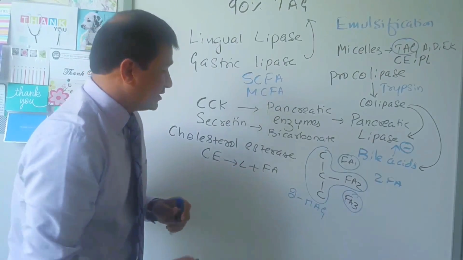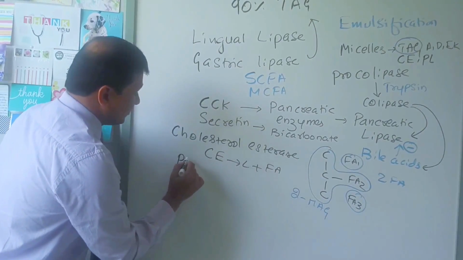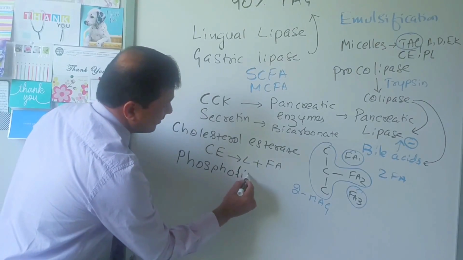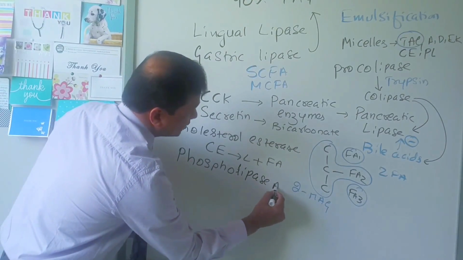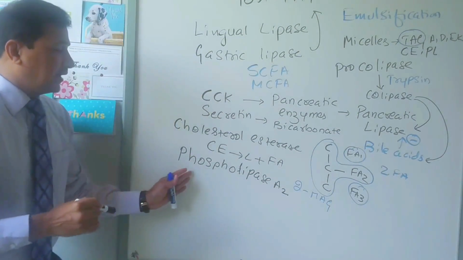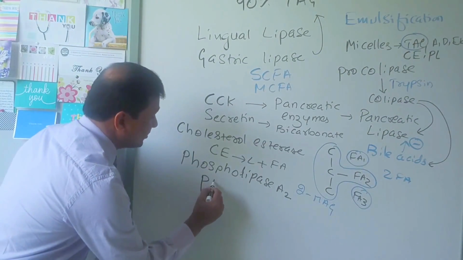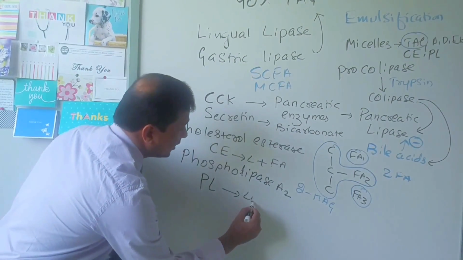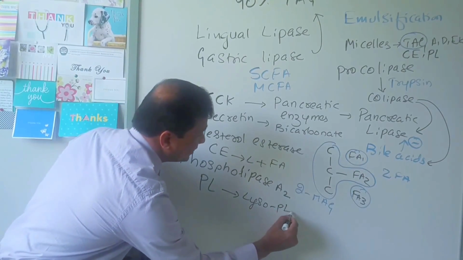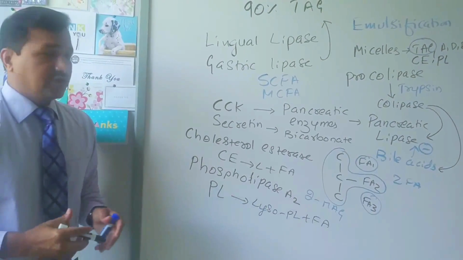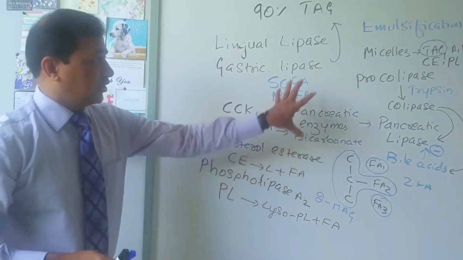Now the phospholipid is taken care of by phospholipase A2. This is pancreatic phospholipase A2. It is going to convert phospholipid into lysophospholipid plus fatty acid. This is how it is going to act on phospholipid, and this will be going on in the micelles.